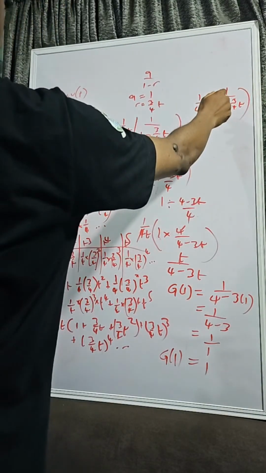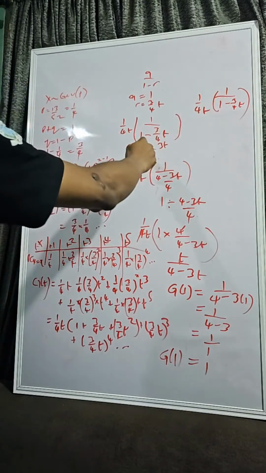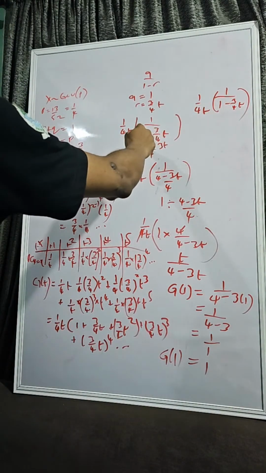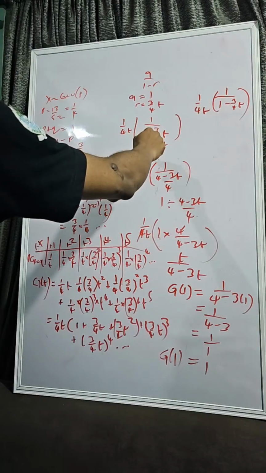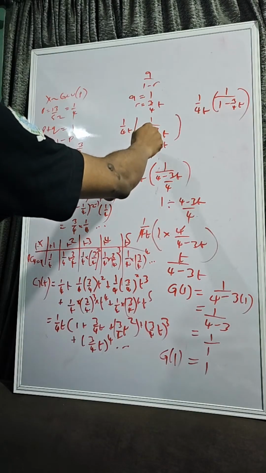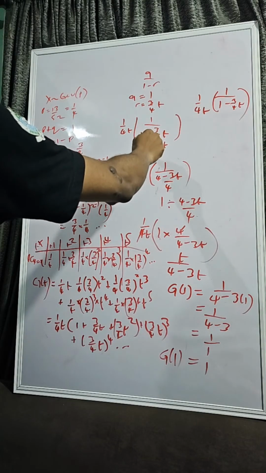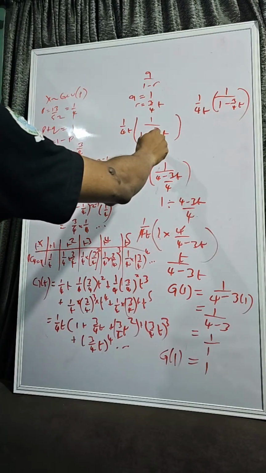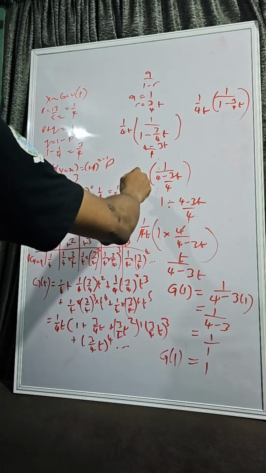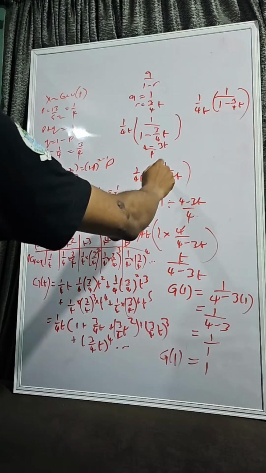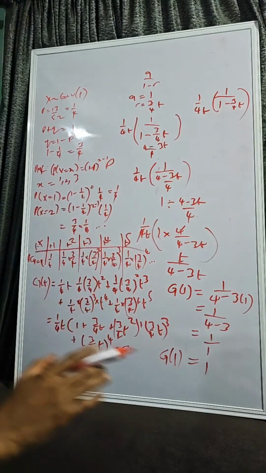This is the next stage. And I told you that we can find this LCM. 1 in 4 times 1 is 4, minus 4 in 4 is 1. 1 times 3t is 3t. So that's how we ended up with 1 over 4t times 1 over 4 minus 3t over 4.